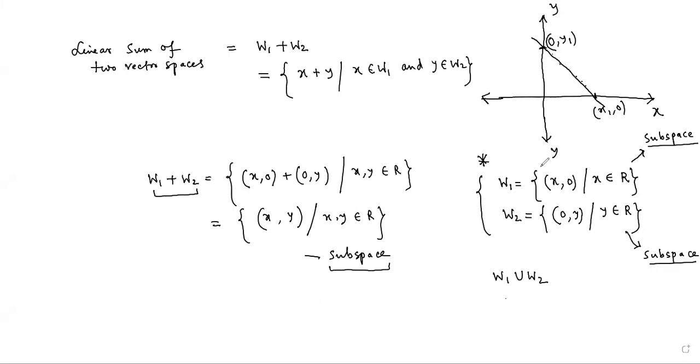They will not belong to either W1 or W2. By this observation, you can easily check that if I take the union of these two sets, they will not satisfy the characteristics of example 8. You can try this out by yourself.